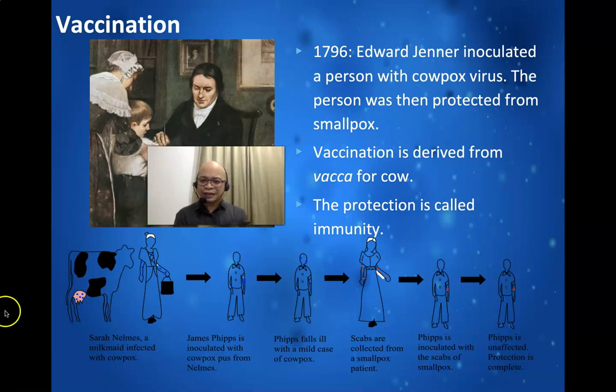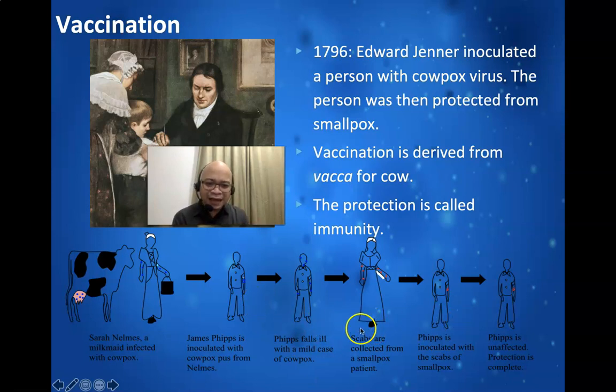So there was this boy, James Phipps. James Phipps was inoculated with cowpox pus coming from Sarah Nelmes. So Phipps fell ill with a mild case of cowpox, from the pus.